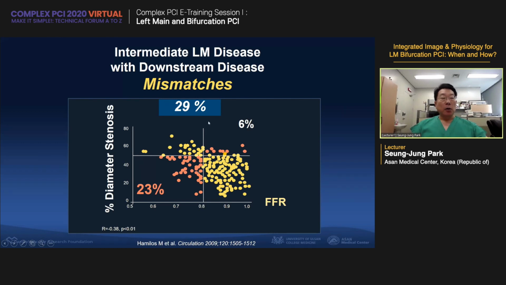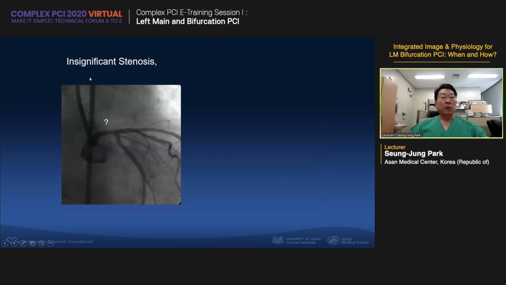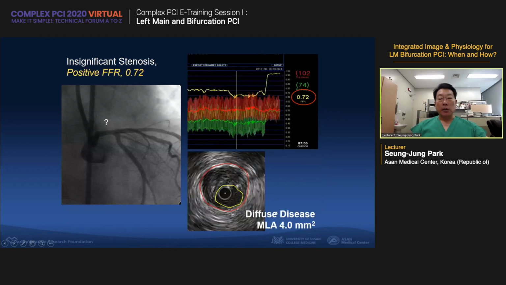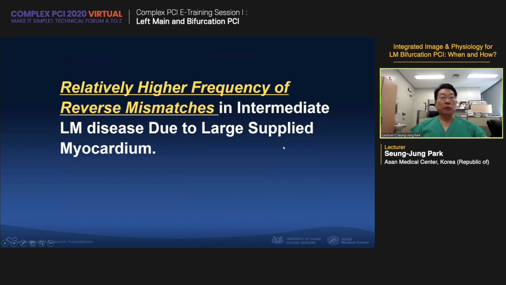There are still almost 30% mismatches, mainly a little bit different from the non-left main epicardial arteries. Look at this typical case: insignificant stenosis of the left main, however FFR 0.72, strongly positive. If you look at the angiographic findings, there is diffuse disease from the ostium to the proximal LAD.